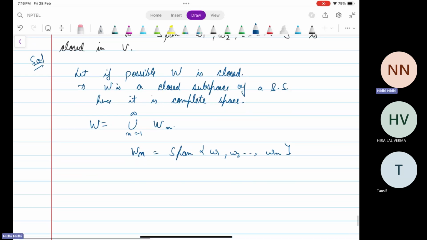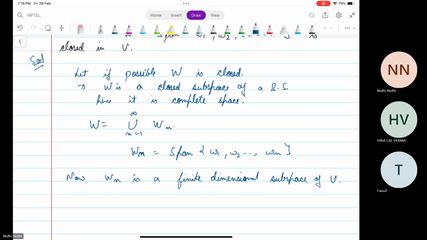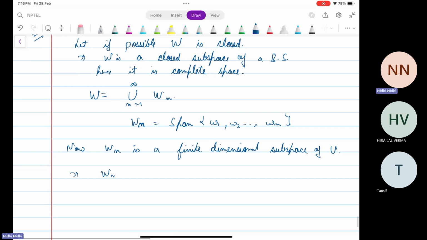Now let's see. Wn is a finite dimensional subspace of V. So this implies Wn is something similar to Rn.